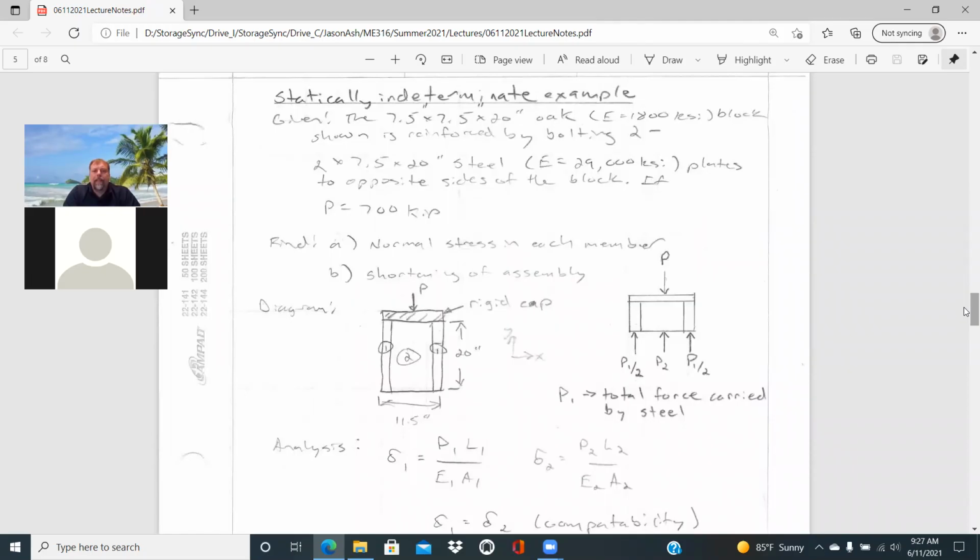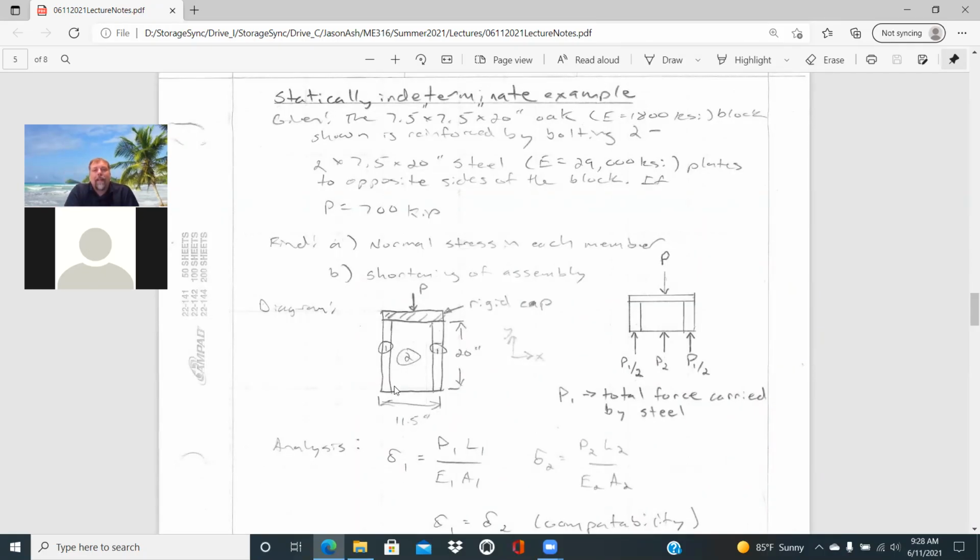And so here's a statically indeterminate example where we're given a 7.5 inch. So this is the second member here that we're talking about, and then 7.5 inch deep into the page and 20 inch high oak. Young's modulus 1800 ksi.